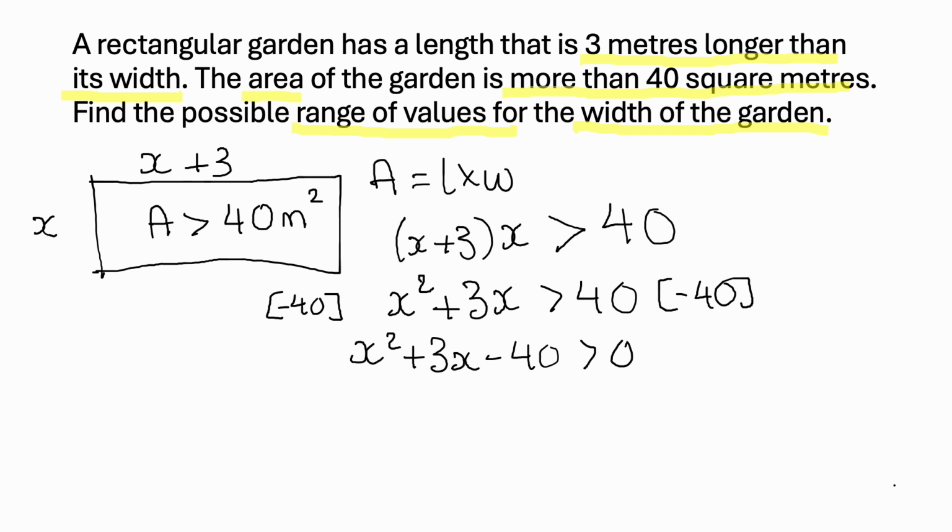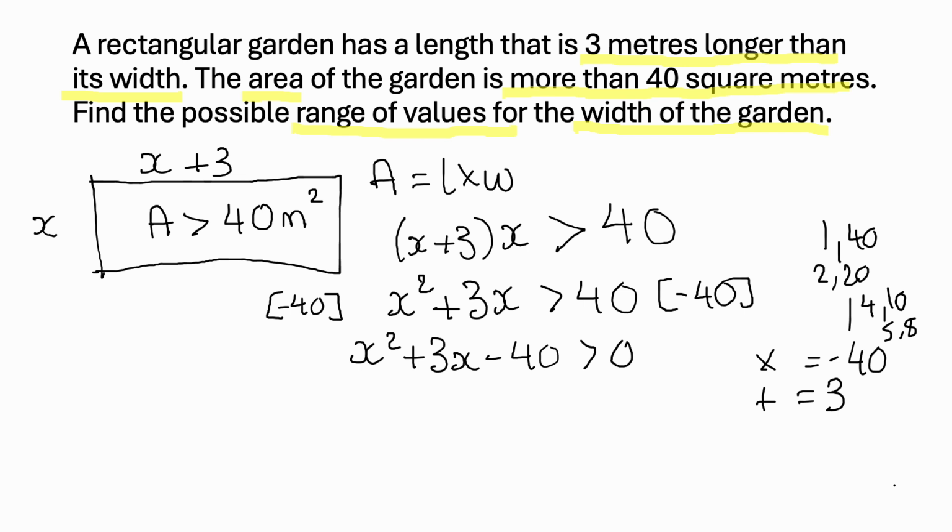Then, as we normally do, we would factorize the x squared plus 3x minus 40. We have to think of two numbers that times to make negative 40 and add to make 3. Factors of 40: you've got 1 and 40, 2 and 20, 4 and 10, and 5 and 8.